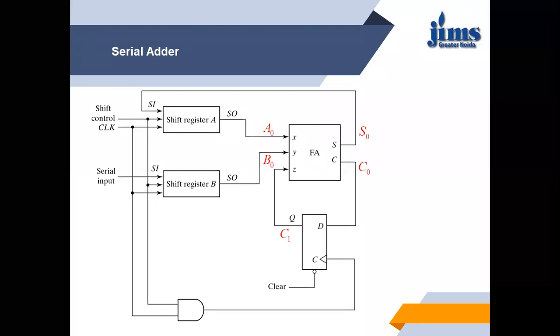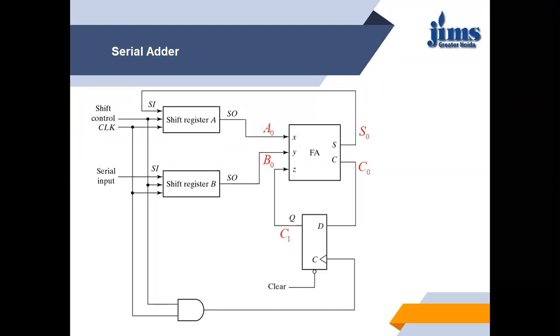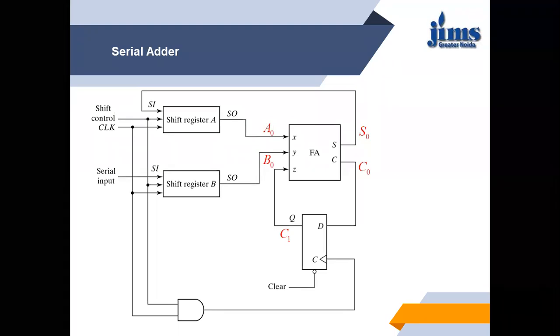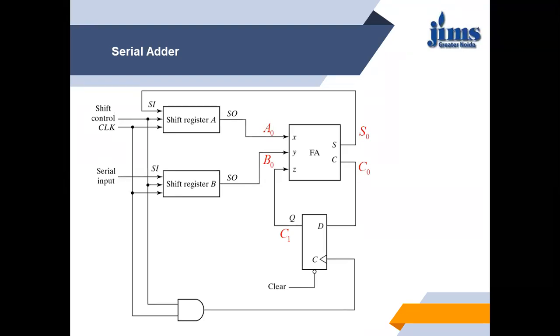Whenever data is input to the parallel adder, within a small processing time the output will be available at the output of the parallel adder. But in this case, if we are using 64 bits of data, then we have to wait till the 64th cycle so that the output can be stored into the shift register.